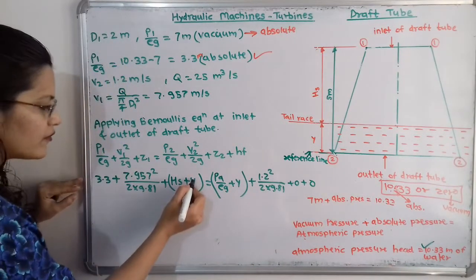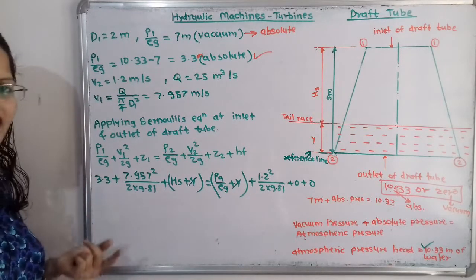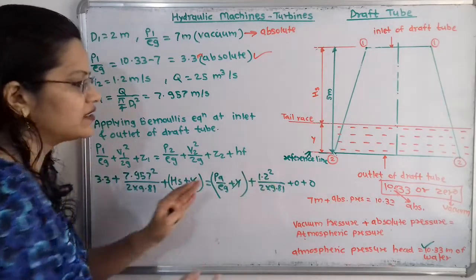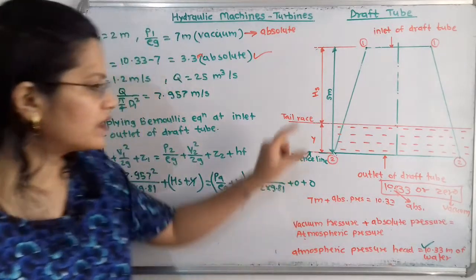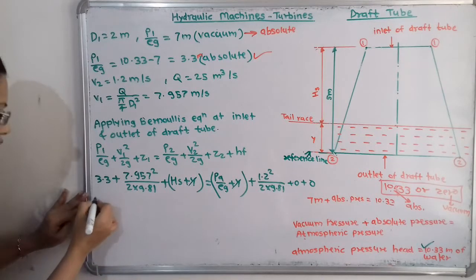Now if we observe the left hand side and right hand side, I will cancel out this one, or from both sides, if I subtract this vertical distance Y, then we will write the remaining equation.